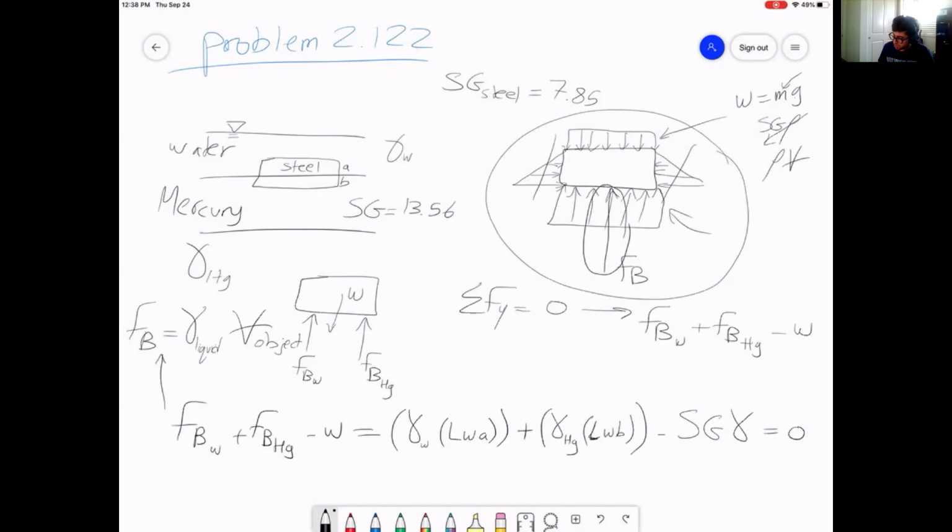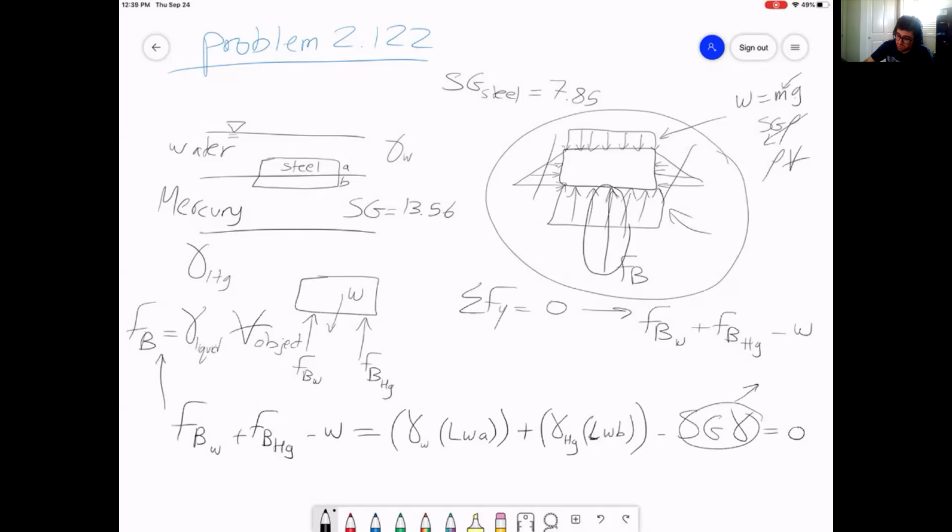So for this one, what's the definition of specific weight? How would we find this? What is SG and what is gamma in this case? I think we're missing a term. Are the units matching?